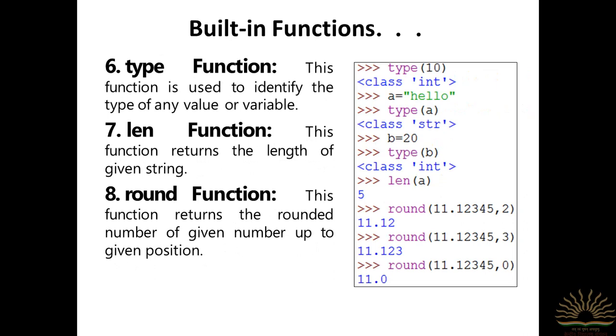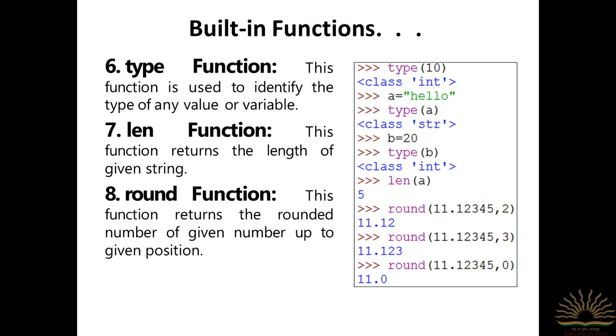The type function is there, as we discussed earlier. Type of 10: you know that 10 is an integer, so it will return class int, meaning your variable belongs to the integer class. Next we assign a variable a as hello, which is a string. When you write type and, within brackets, the name of the variable, it will say that this is a string variable, and so on.